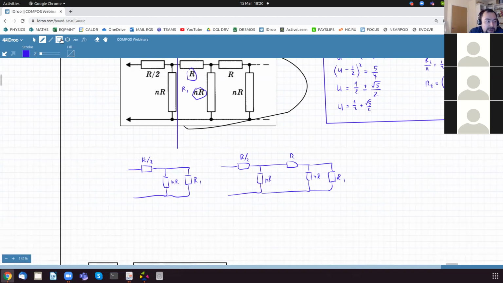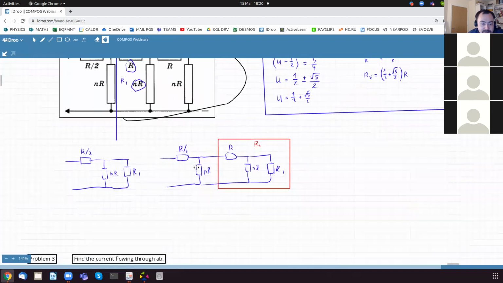So let's look at this section, because we know that the total resistance of this is R1, which is the resistance of the infinite chain except the first link, except the first pair of resistors.